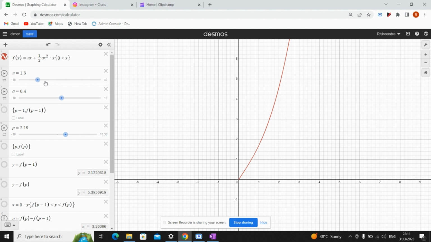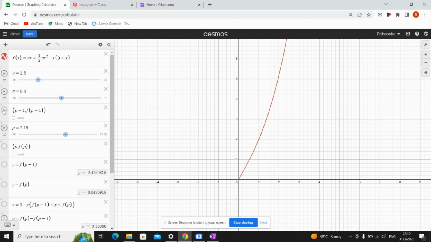Or we can change it to 0.4 acceleration and initial velocity 1.8, and we have to calculate the distance traveled by the particle at the pth second.